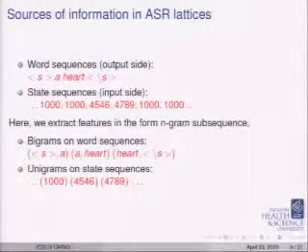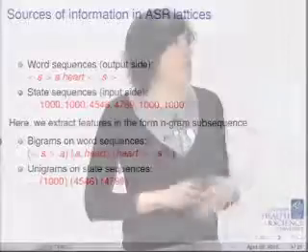So from the word lattices, from the finite state transducer, we can extract word sequences and also state sequences with a time stamp at each frame. These sequences are usually represented as n-gram subsequences.